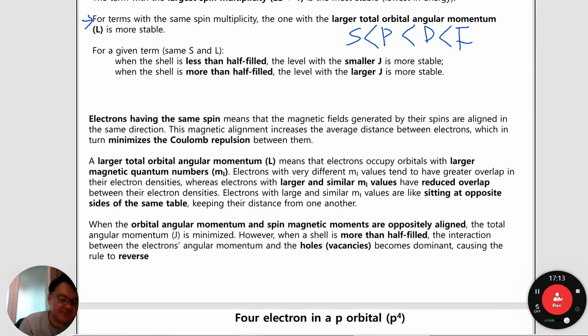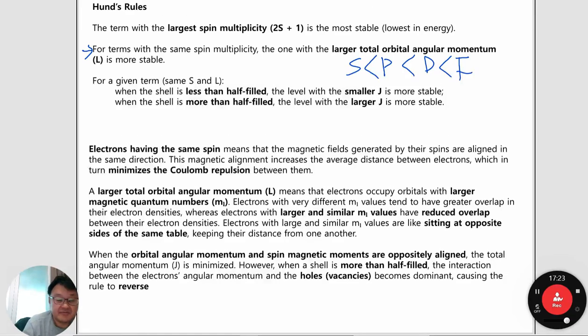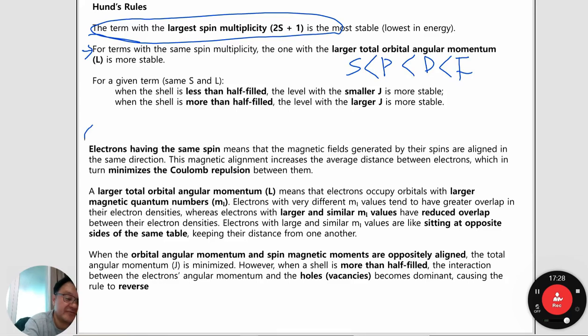qualitative justifications about these 3 different rules. Number one, regarding the spin multiplicity, this is the first rule I introduced. Regarding this first rule, electrons having the same spin means that the magnetic fields generated by their spins are aligned in the same direction. So basically, largest spin multiplicity means that if you have 2 or more electrons, then they have the same spin, right?